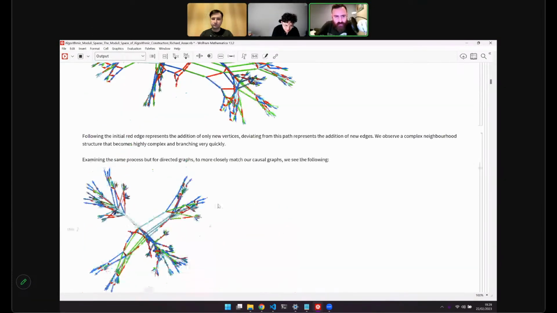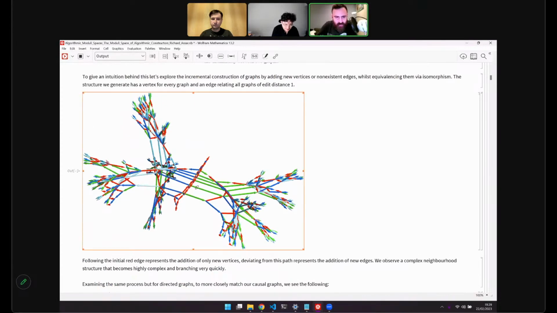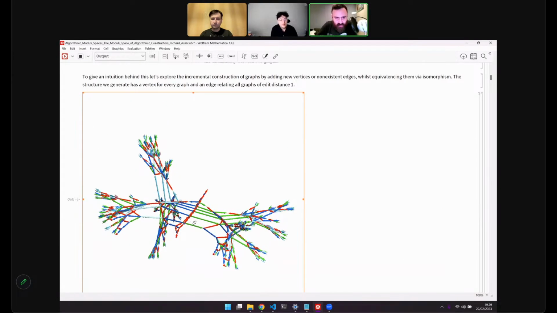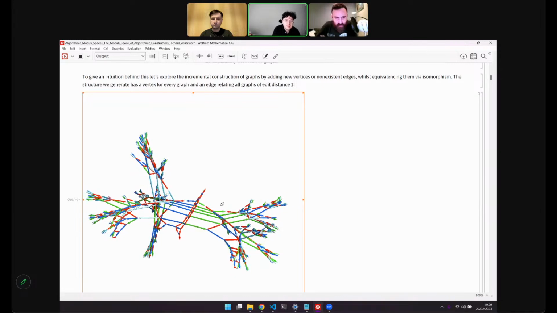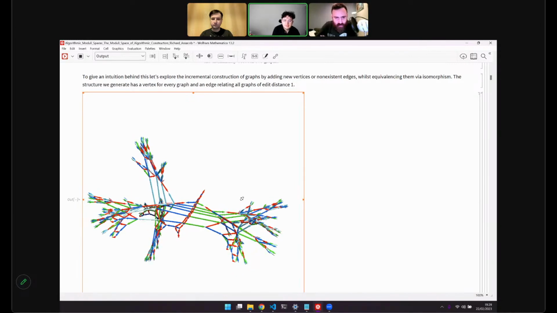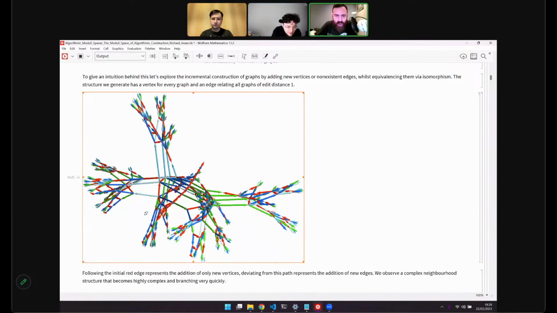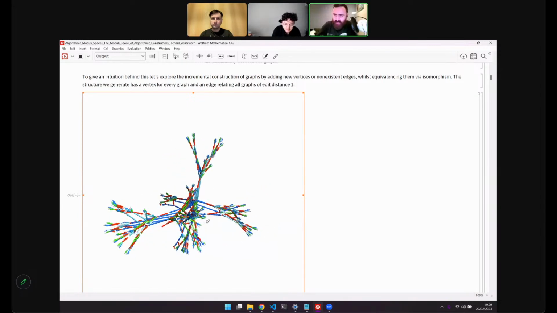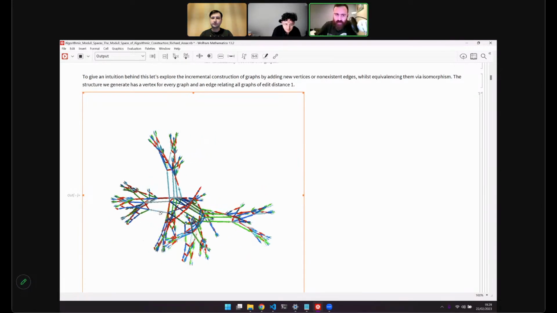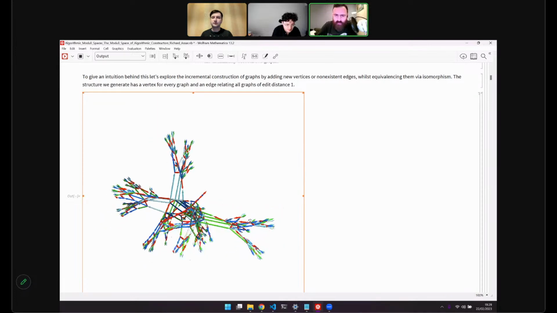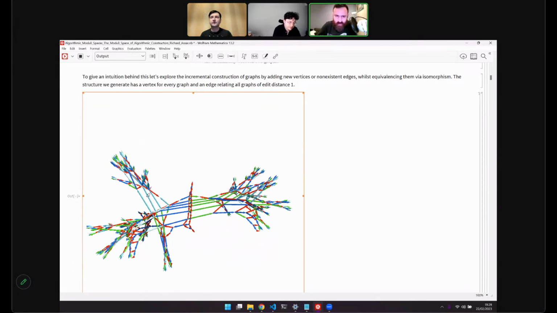This one's a bit tangled. Maybe this one, the undirected, not transitively reduced case. I have created GIFs before where you move the camera around, but what happens is it automatically reframes the camera in this really annoying way.